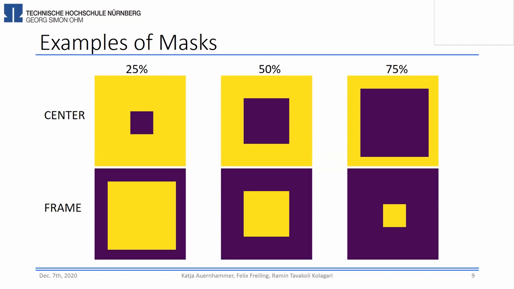We have masks in different sizes, 25%, 50%, and 75%. Those sizes do not refer to the number of pixels in the mask, but the width and height of the image. So it's 25% of the width and 25% of the height.